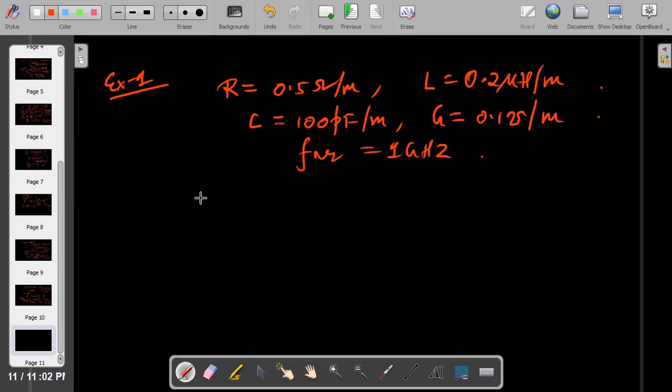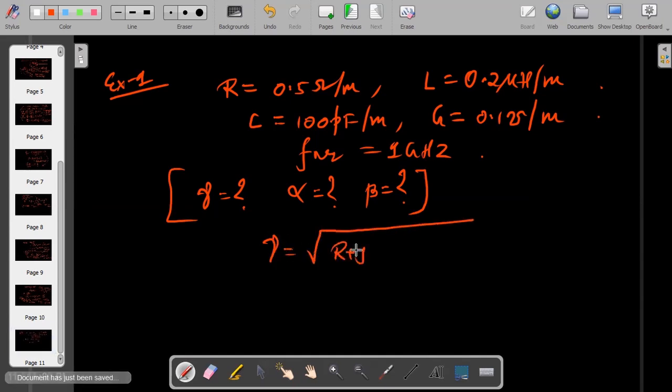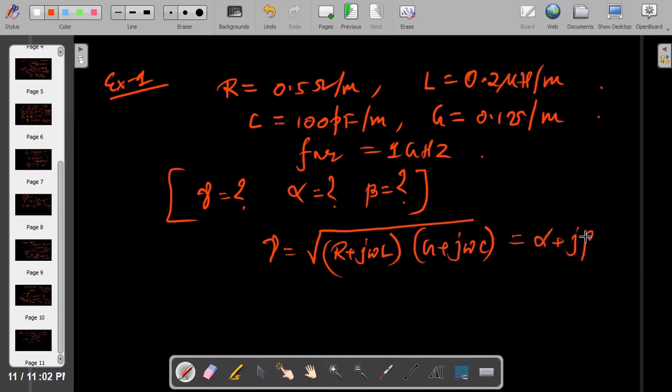Can you find gamma? And second question is find alpha and find beta. This is your home task, you do. I am giving one hint. Gamma is nothing but the square root of R plus j omega L times G plus j omega C, all the parameters are given only. And this is nothing but alpha plus j beta.